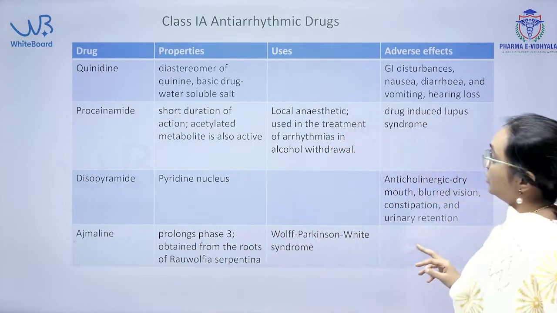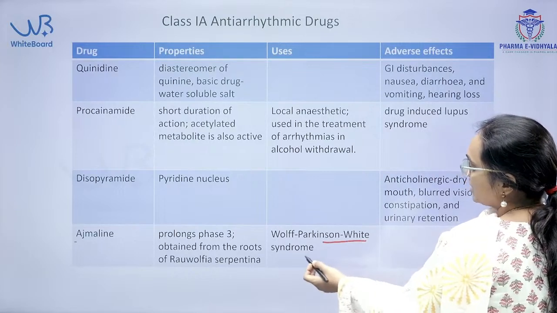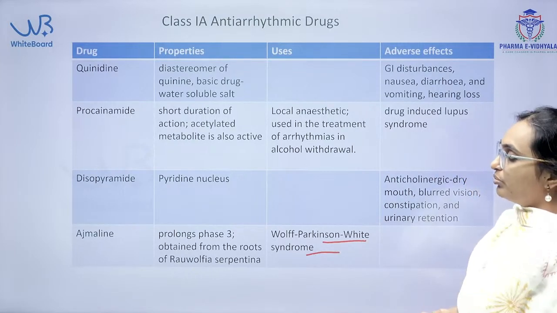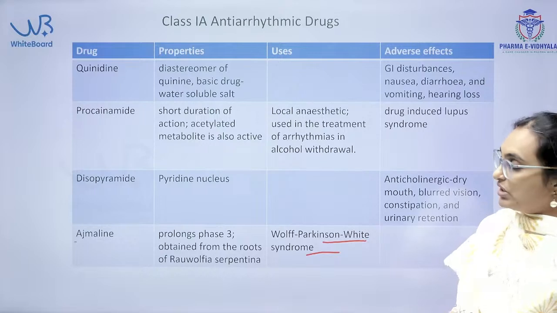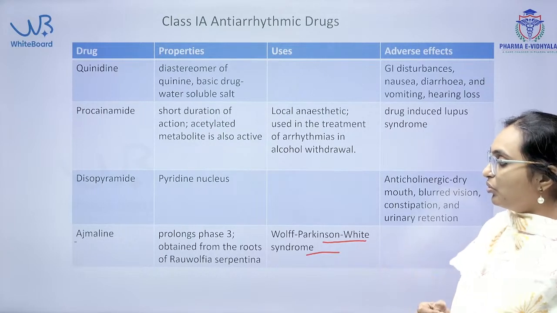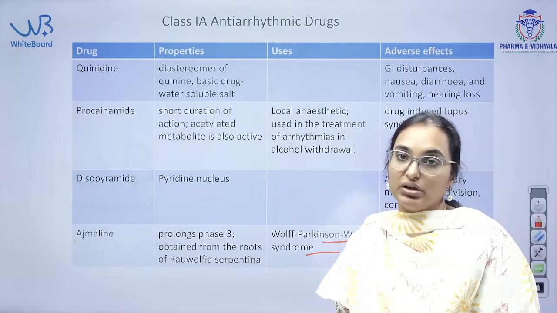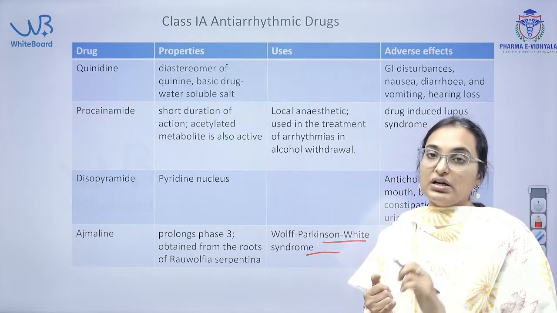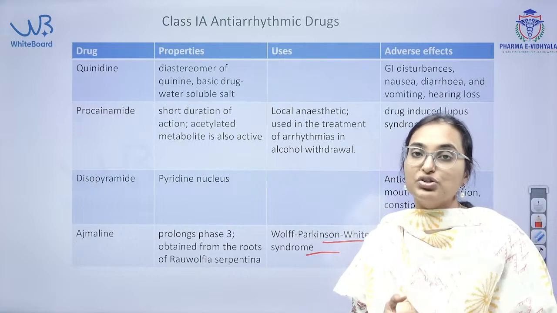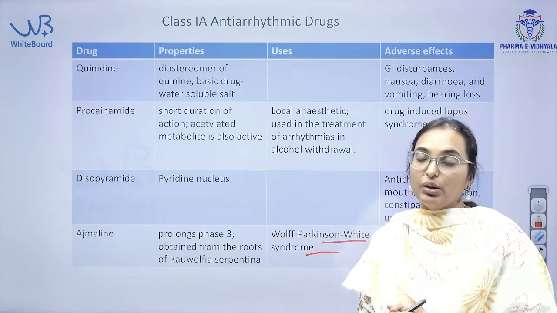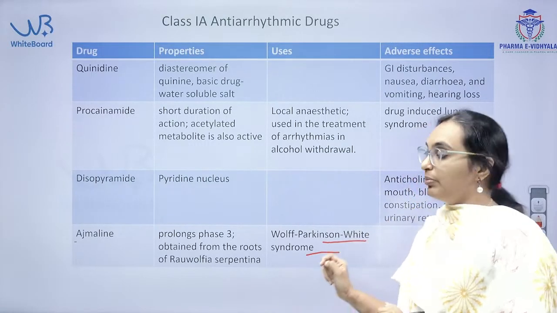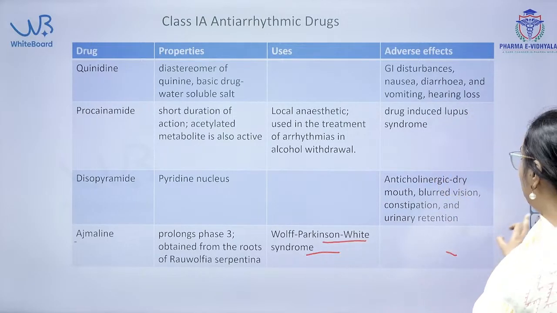It is used for the treatment of Wolff-Parkinson-White syndrome. Which of the following is a class 1 example of a naturally obtained antiarrhythmic drug? That is ajmaline, obtained from the roots of Rauwolfia serpentina.